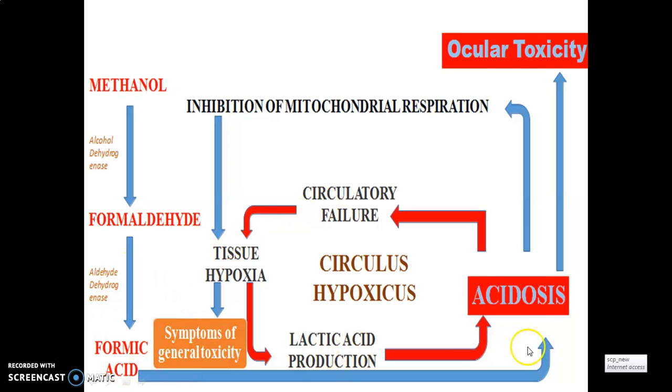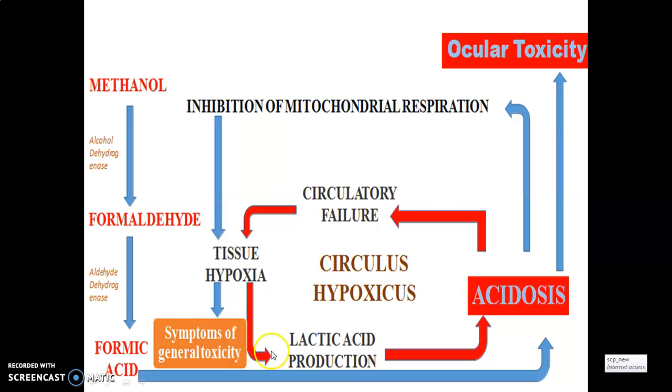This formic acid shifts the pH towards acidic. So acidosis can be observed, which directly contributes to ocular toxicity, and this acidosis can cause inhibition of mitochondrial respiration, thereby causing tissue hypoxia, so symptoms of general toxicity will be observed.